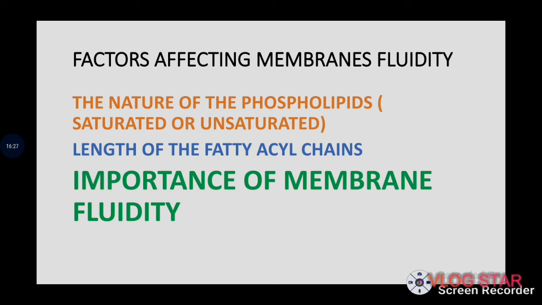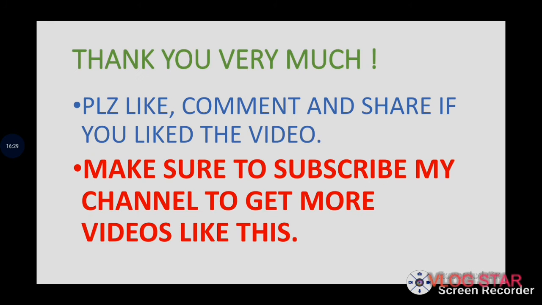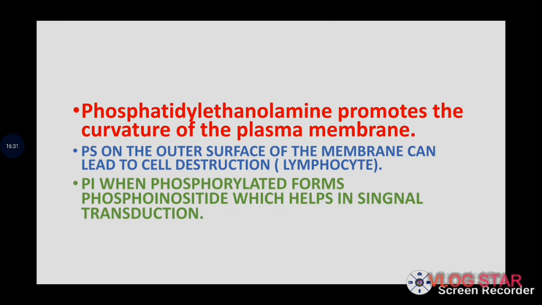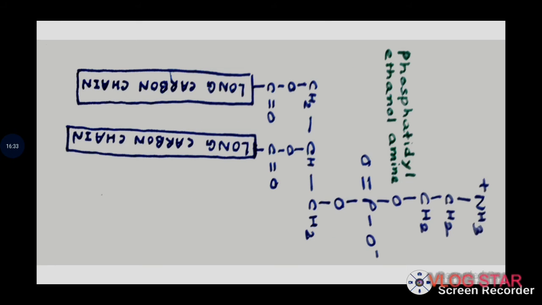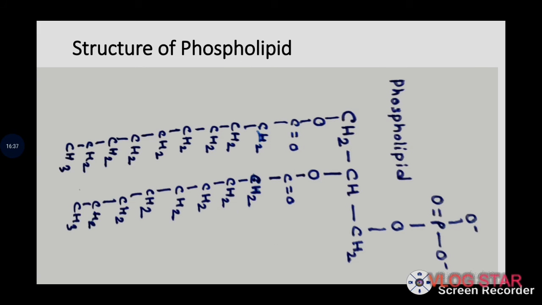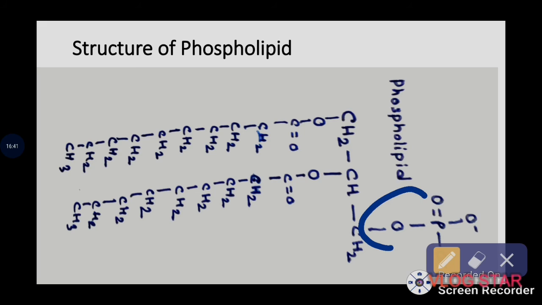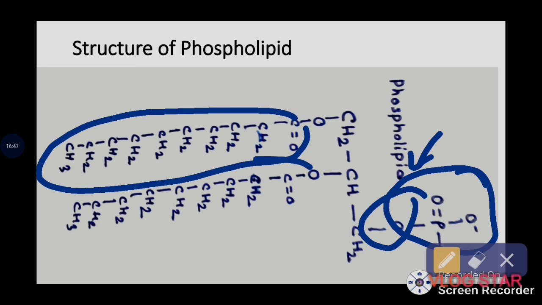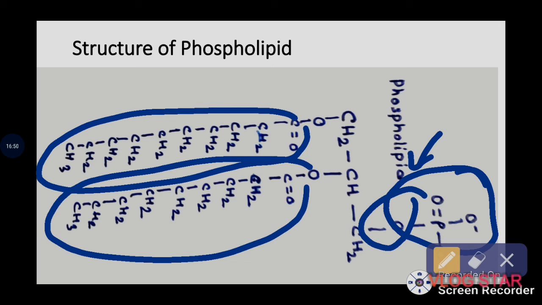If I take this image, you will see that one of the hydroxyl groups is attached to a phosphate group, and the others are attached to fatty acyl chains by an ester linkage.